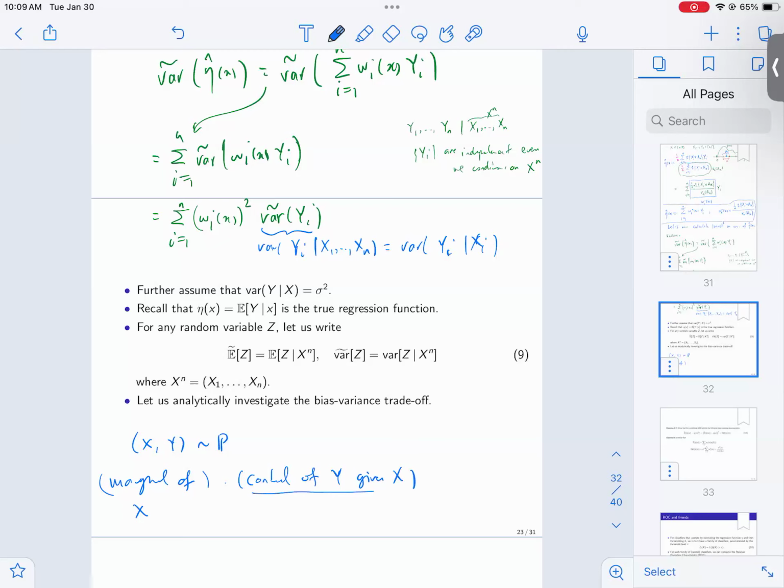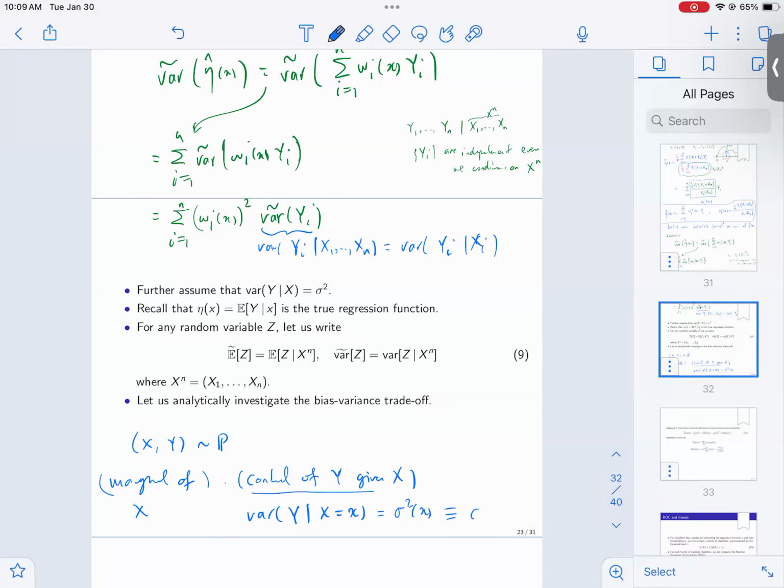So you can decompose it into the product of these two things, and the conditional of y given x is what we're dealing with. This particular distribution has a variance, and that's that variance. I can say the variance of y given x equals x, for example, and this potentially could depend on x.